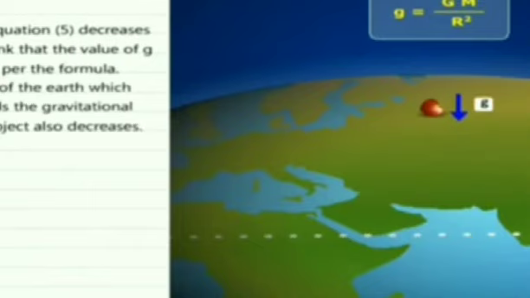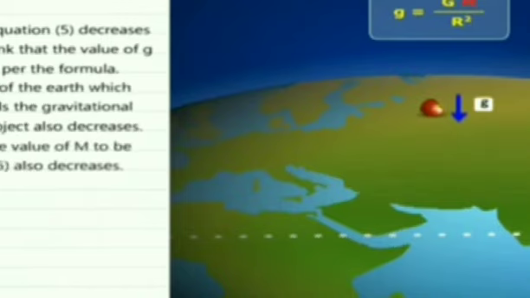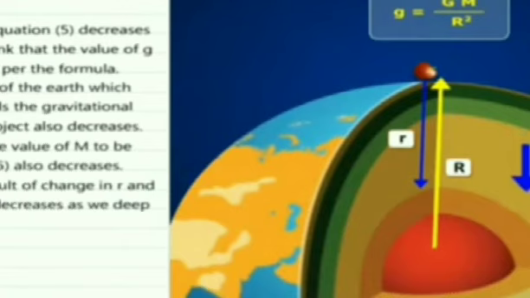However, the part of the Earth which contributes towards the gravitational force felt by the object also decreases. This means that the value of M to be used in equation 5 also decreases. As a combined result of change in r and M, the value of g decreases as we go deep inside the Earth. Think about it.